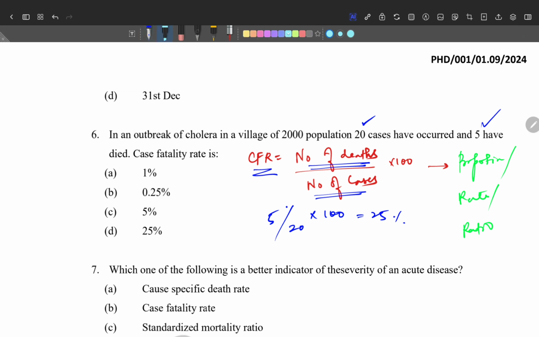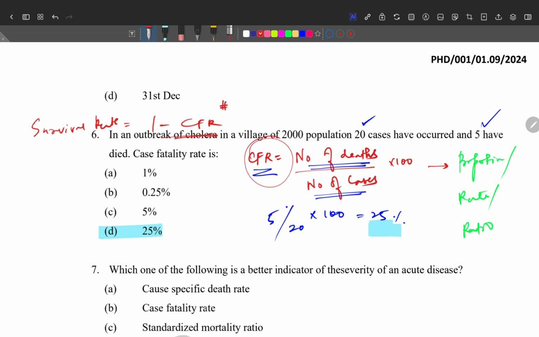So the case fatality rate is 25%. Now you have to know another thing, the survival rate. The survival rate is equal to 1 minus case fatality rate. That is known as your survival rate. That's the formula of survival rate.